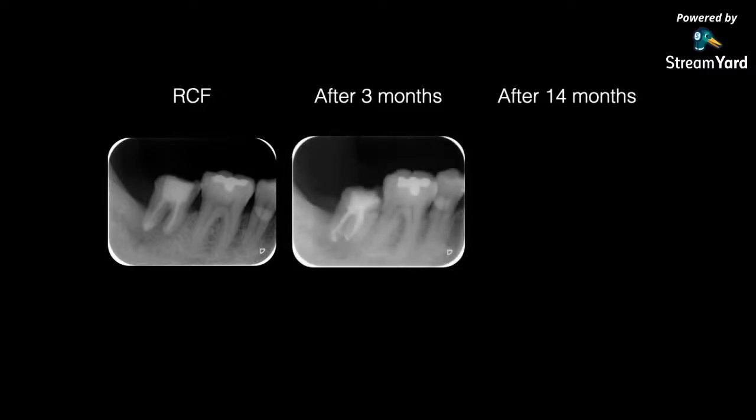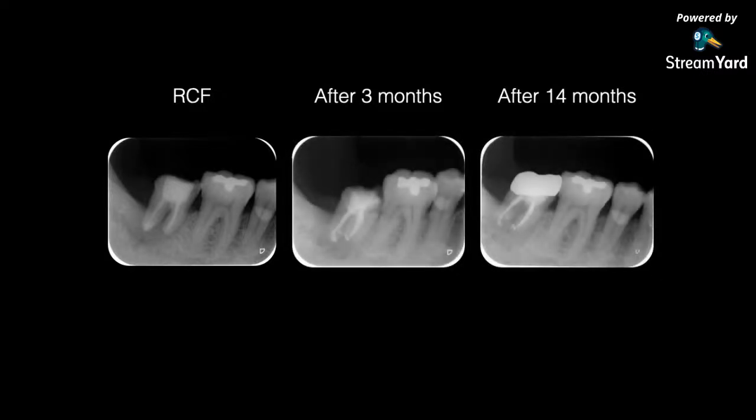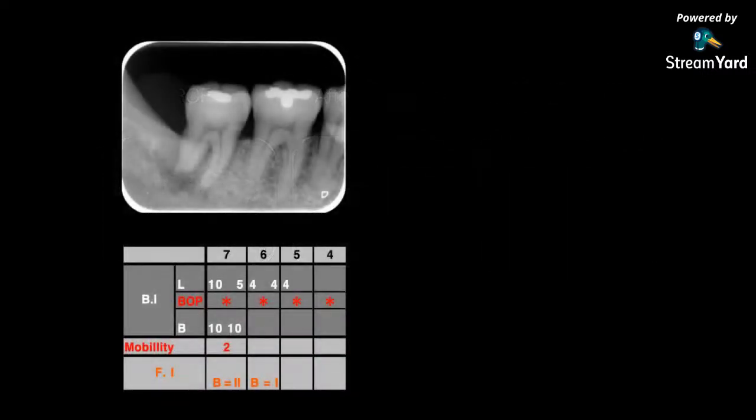This is the root canal filling, after 3 months, and after 40 months. So the first diagnosis, perio, was not correct. As a result, this case was caused by an endodontic problem.